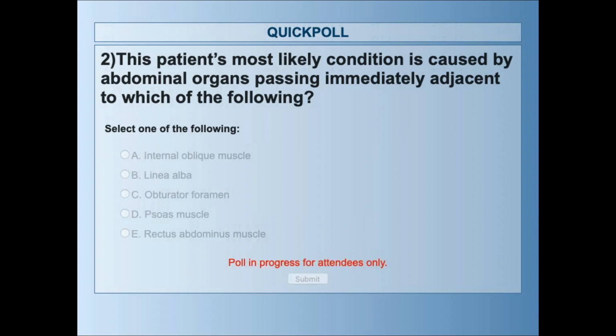And just to clarify, the question is, this patient's most likely condition is caused by abdominal organs passing immediately adjacent to which of the following structures? The word structures didn't fit due to character limitations. I see the responses coming in. Looks like there's a clear favorite already. We'll give all of you a few moments here.